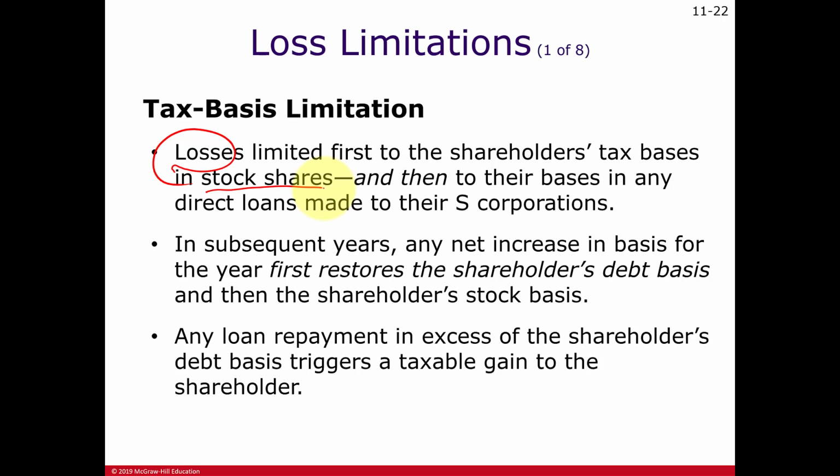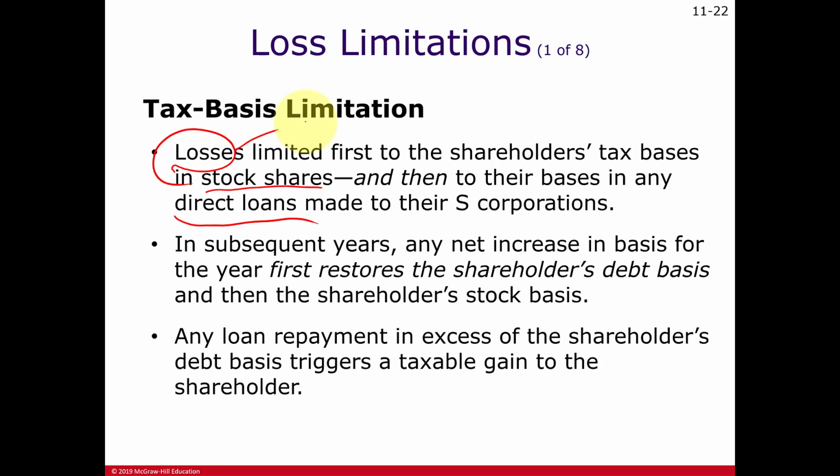If you remember back in the partnership chapter, partners are allocated their share of the partnership's liabilities. That's not true for S corporations, but maybe if the shareholder had directly loaned money to the S corporation, so now the shareholder is a creditor of the S corporation, whatever they're lending to the S corporation is also basis they can use to offset any losses to be claimed by the shareholder.